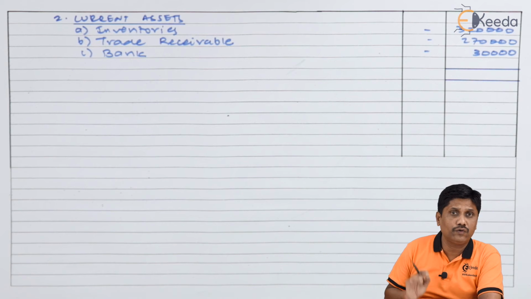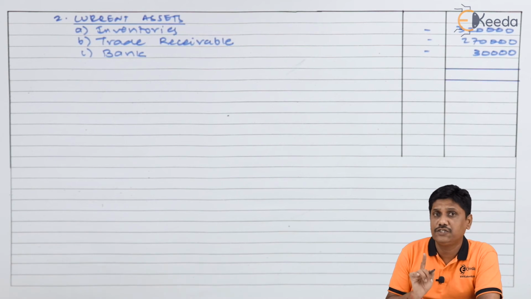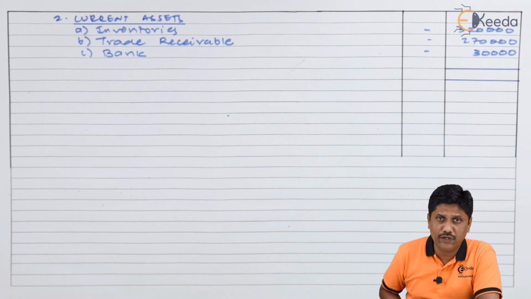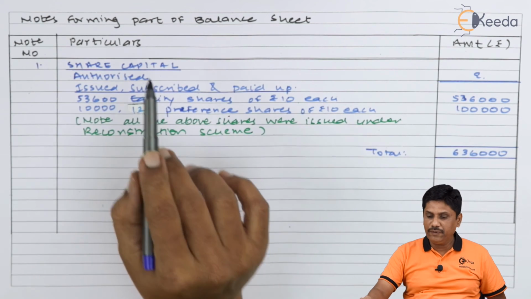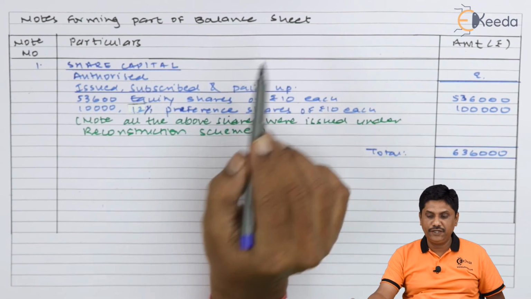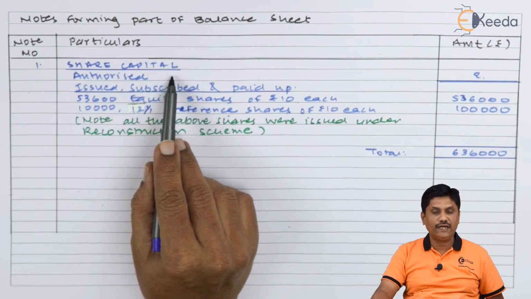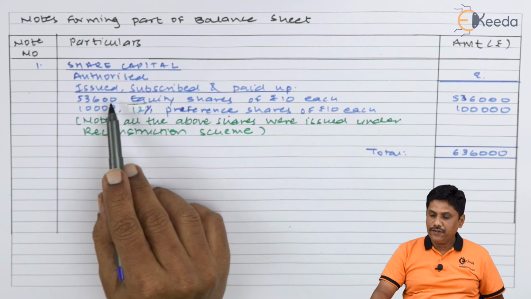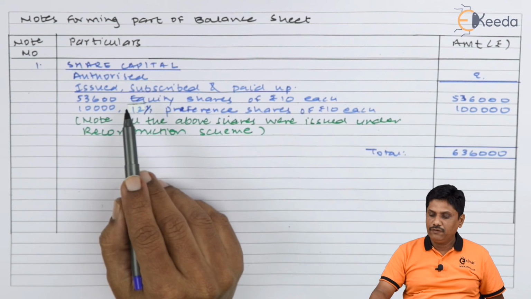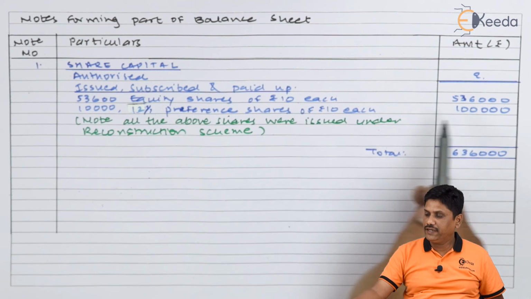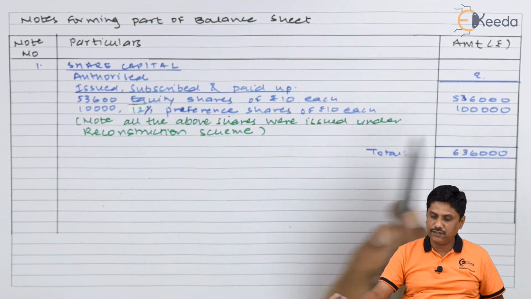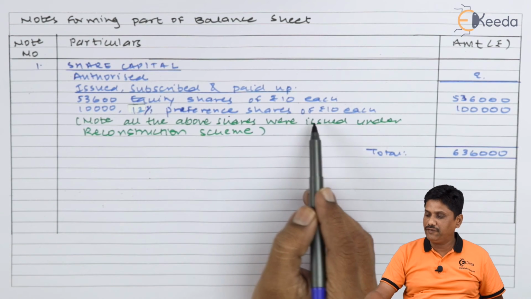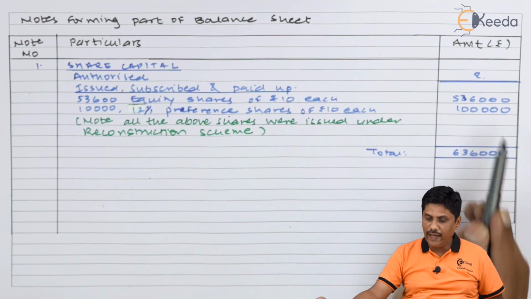We have to prepare a note only for one item, that is share capital. Let us prepare the note. Friends, you can notice I have prepared a note forming the part of balance sheet which includes only one note, share capital. In that, authorized capital we don't know, so put a question mark. Issued, subscribed and paid up: 53,600 equity shares of 10 each, 5,36,000; 10,000 12% preference shares of 10 each, 1 lakh.